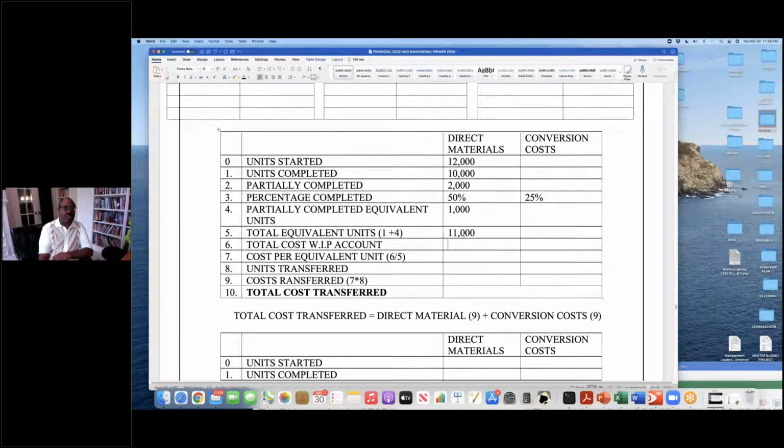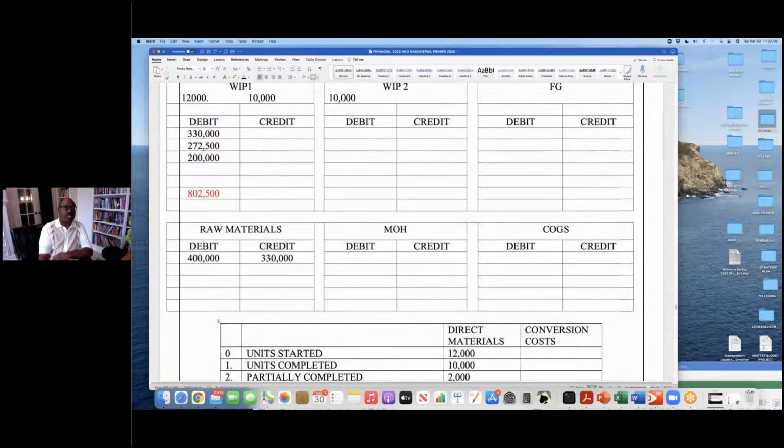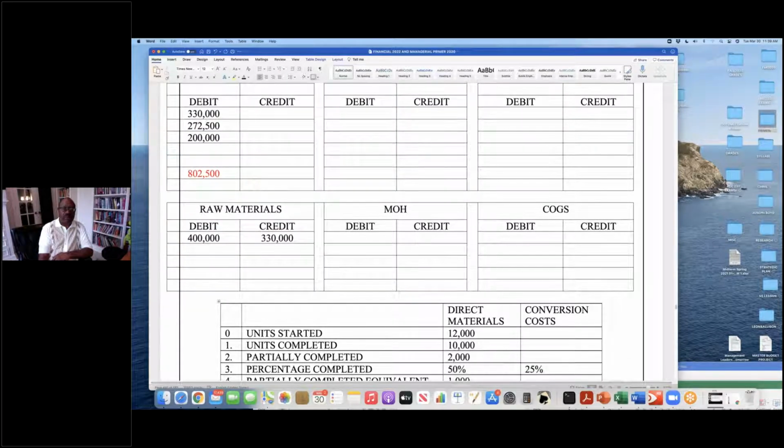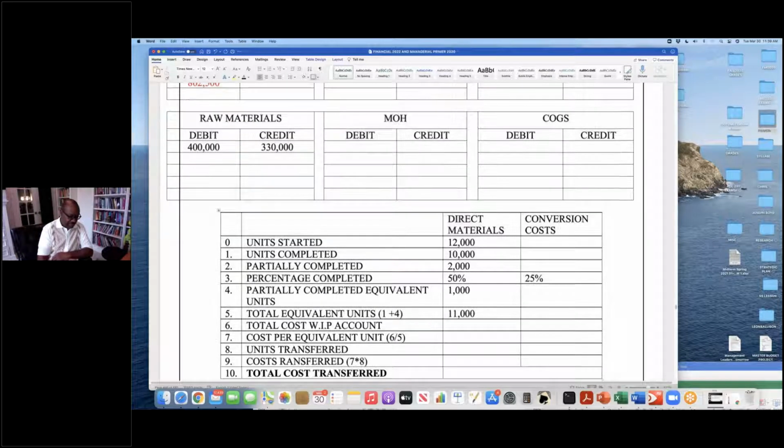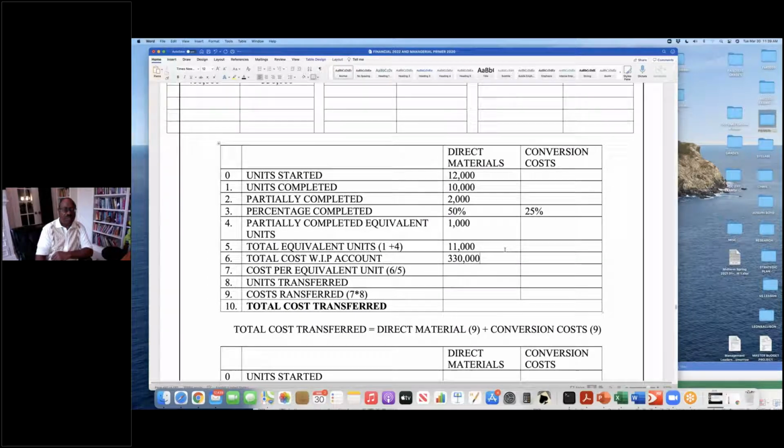And the raw materials cost was 330. So we divide 11 into 330,000 to get our unit. Remember before we divided 300 by 20 hours to get 15, so we're dividing 11 into 330,000. How much is that? 30.